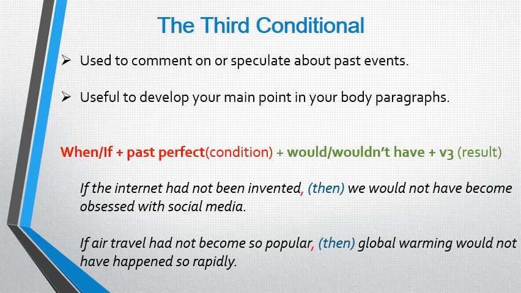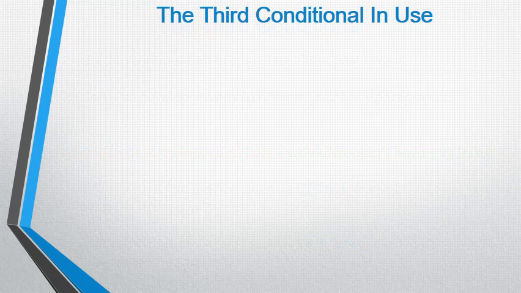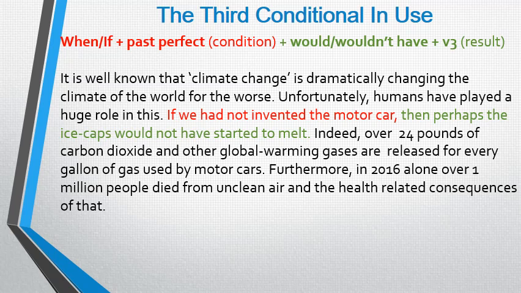Now let's take a look at how this might be used in a full body paragraph. So here's an example paragraph that uses third conditional. It is well known that climate change is dramatically changing the climate of the world for the worse. Unfortunately, humans have played a huge role in this.